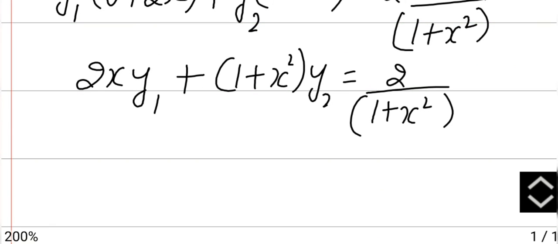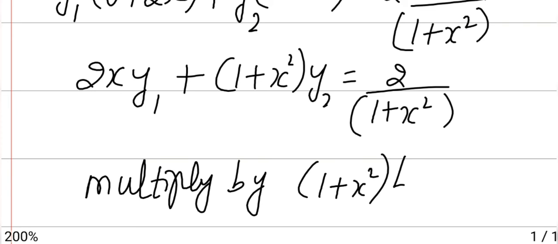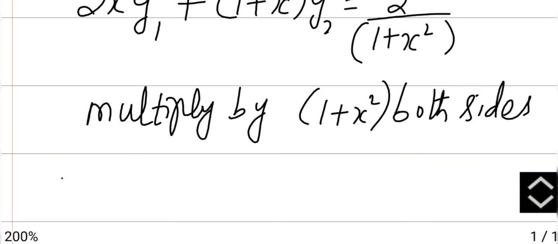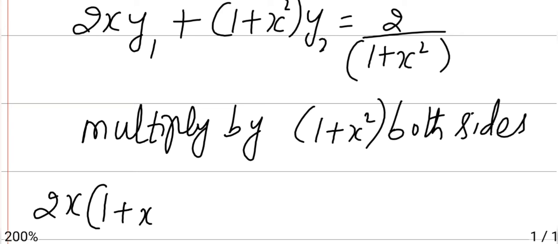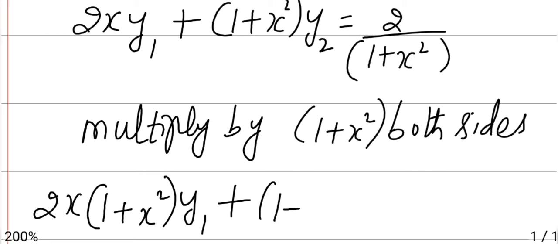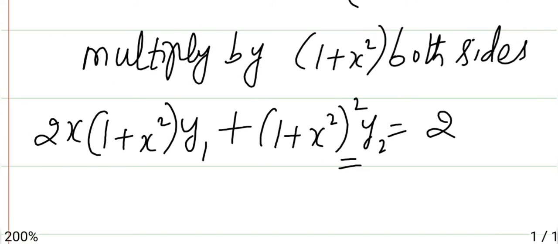Now multiply by 1 plus x square both sides. If you multiply this, you get 2 into x into 1 plus x square y1 plus 1 plus x square whole square y2 is 2. Rearranging with the terms of power, y2 will come first.